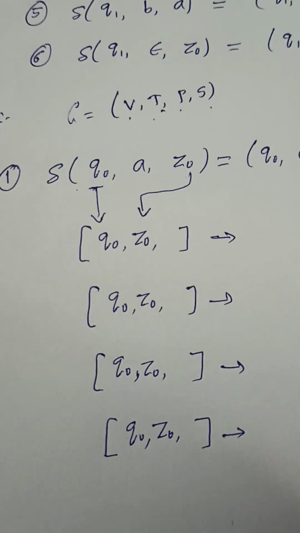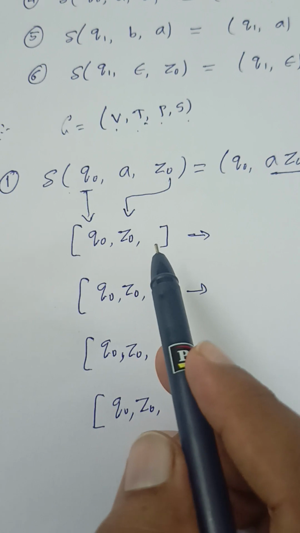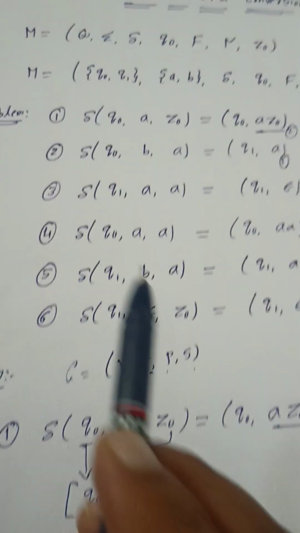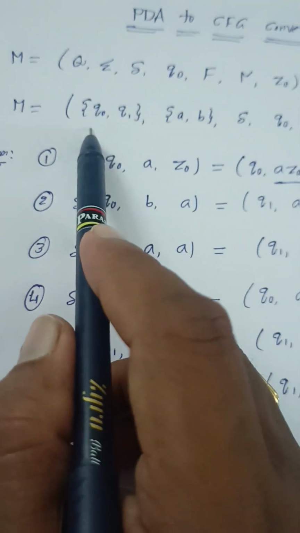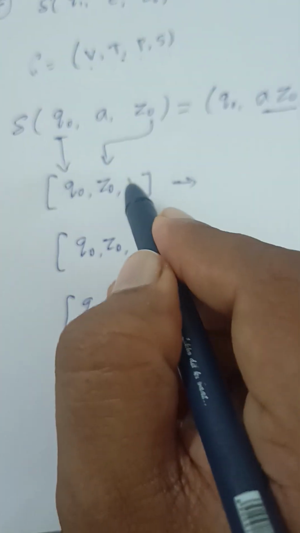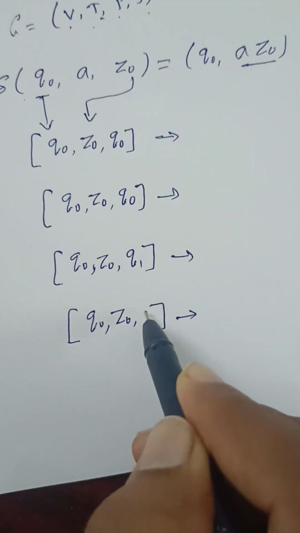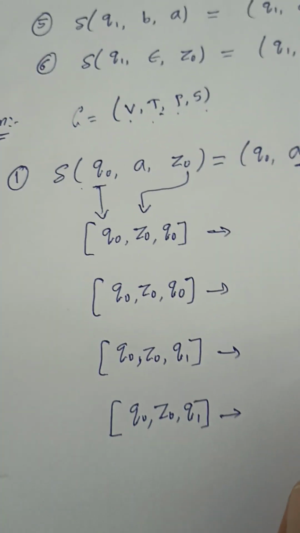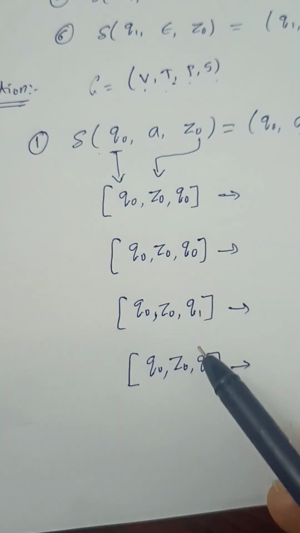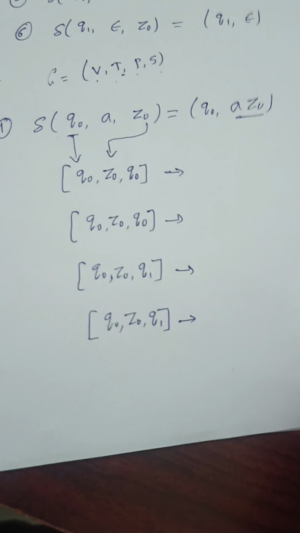How will we get the third field? We will get it with the help of the states. Here q0 and q1 are the states. So we will write q0 q0, q1 q1. Because we have 2 states, we will write 2 times q0, 2 times q1. It's very simple. So this is the left hand side.